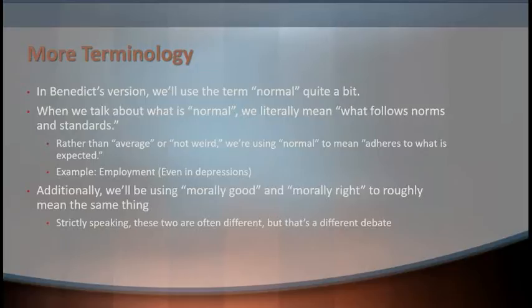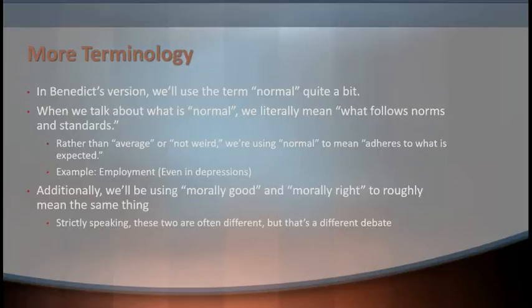Here when we talk about what's normal, we literally mean what follows norms and standards. Rather than average or not weird or the usual circumstances, we're using normal in a more literal sense, to mean what adheres to what is expected. A norm is a standard or a rule or an ideal by which you judge other things. The Golden Rule or the Ten Commandments are examples of moral norms.